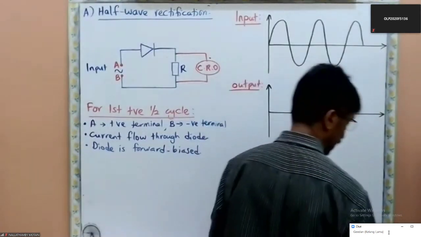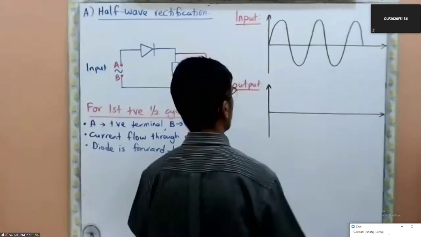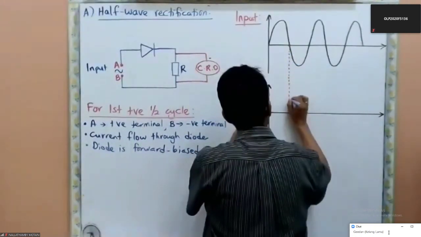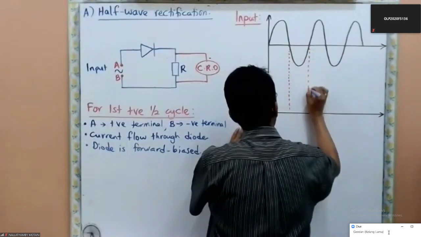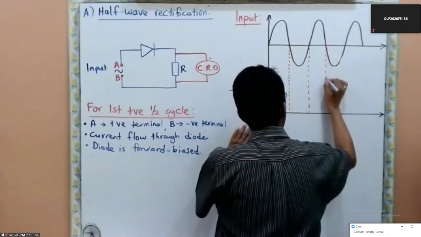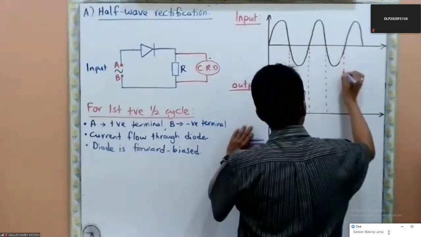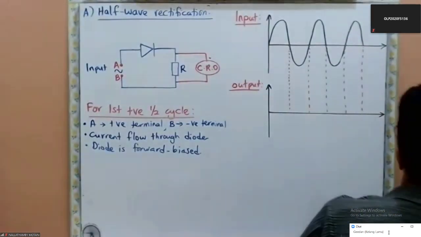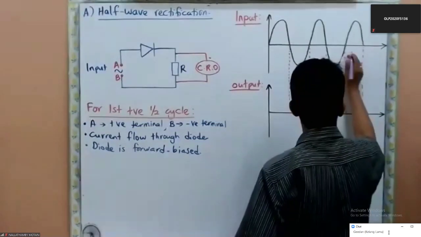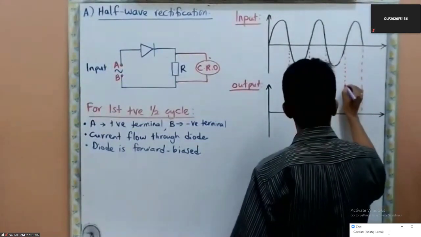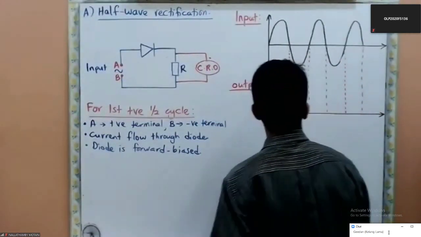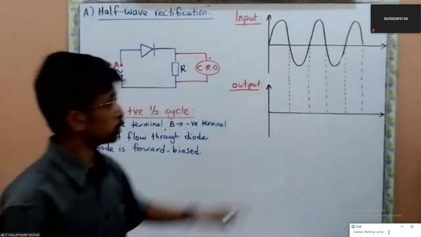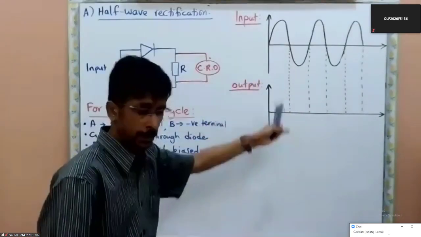So for the first positive half cycle, no need to draw the vertical dotted lines.